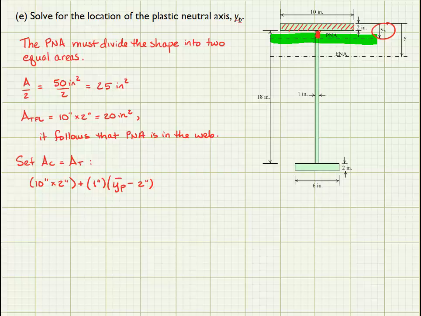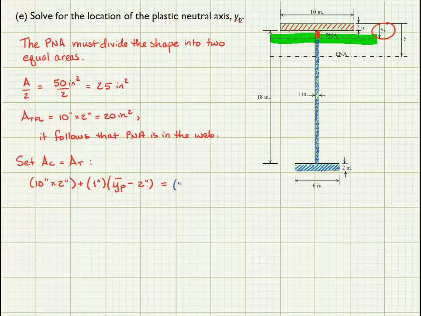Okay, so my area in tension then is going to be everything below the plastic neutral axis. So it's going to be the rest of the web and then the bottom flange as well. So I'll show that portion of my calculation in blue.